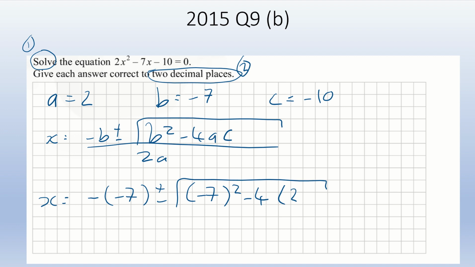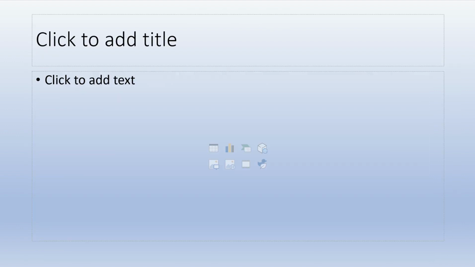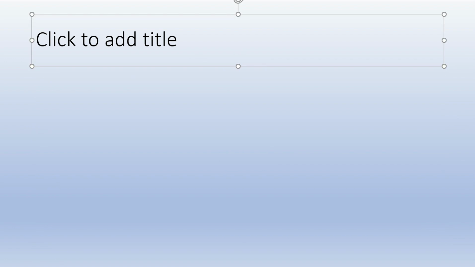My a was 2 and my c was minus 10, all over 2a, 2 times 2. So on my top line, I'm going to have x is equal to minus times a minus is going to give me plus 7.